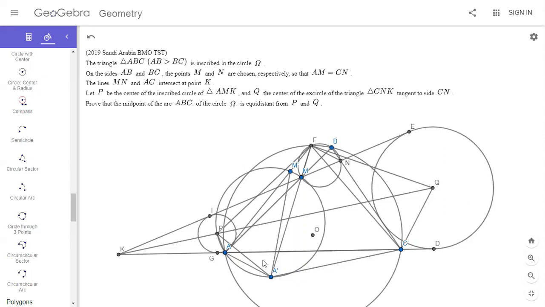And so, let's see. So first of all, we want to show angle MA prime P is equal to angle FQC. So MA prime P is equal to angle MAP.